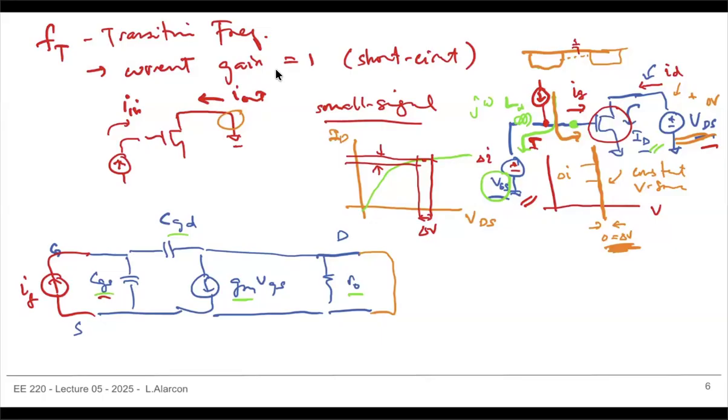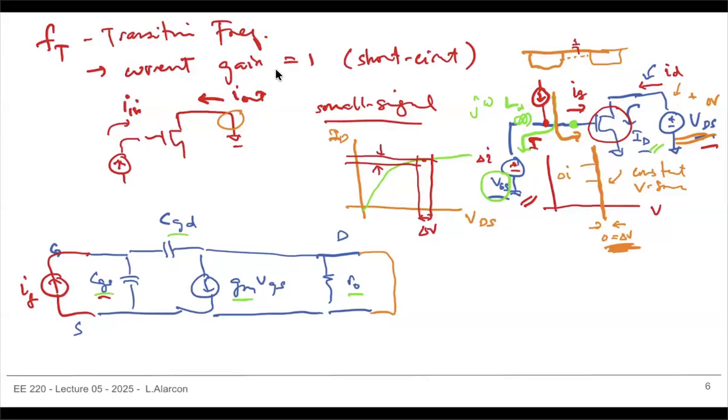So hopefully we understand. A short in small signal just means either a constant voltage source in large signal, or a short, it doesn't matter. It's the same thing. A DC voltage source is a short in small signal.